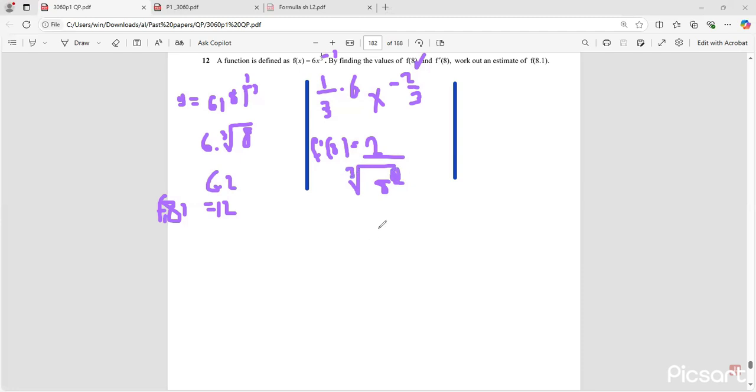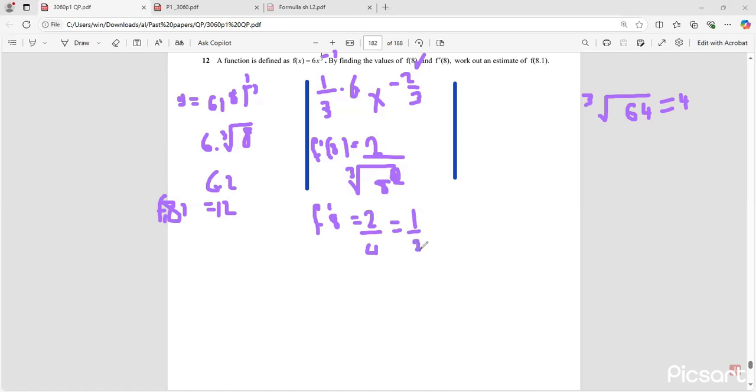So here it will be 8 to the power of 2, which is 64, cubic root, which equals 4. Okay, so now f dash 8 equals 2 over 4, which equals a half.